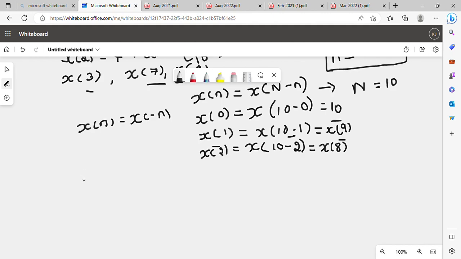So now you got to know by this too that it is a real and even sequence. So x of n is what? Real and even sequence.